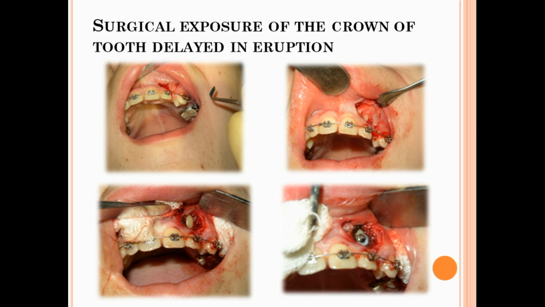If there is an obstacle on the way of tooth movement, it should be eliminated. So, for example, first remove supernumerary teeth, and after 2 to 4 months, during the repeated operation, expose the crown of the tooth delayed in eruption.